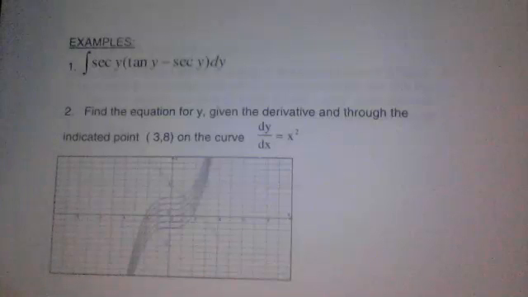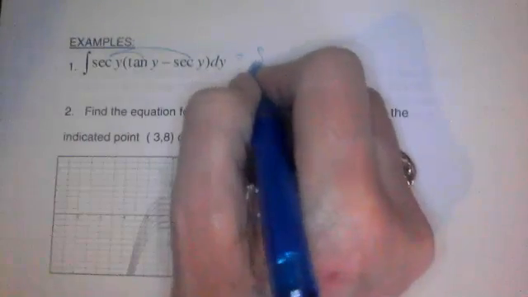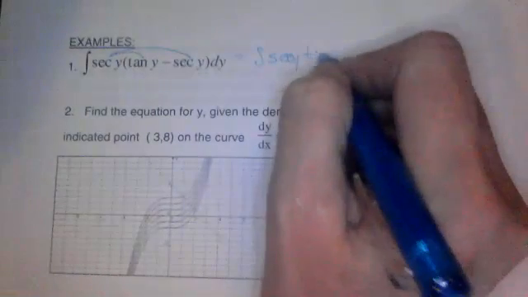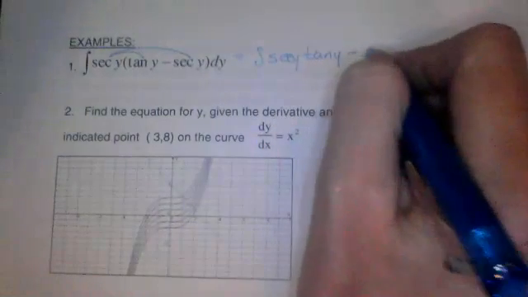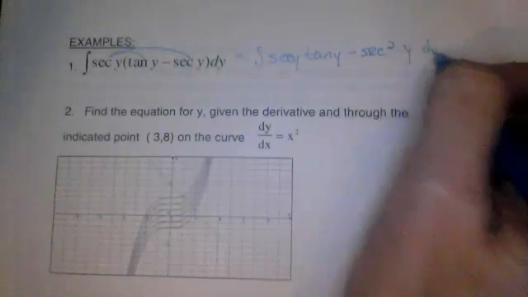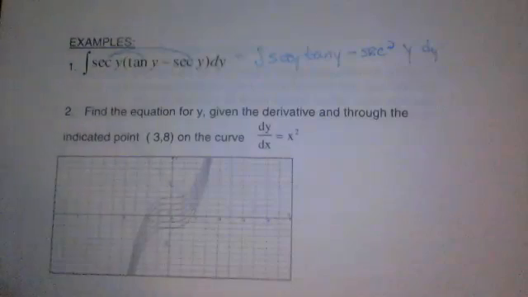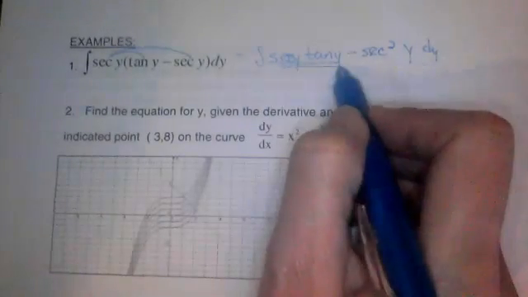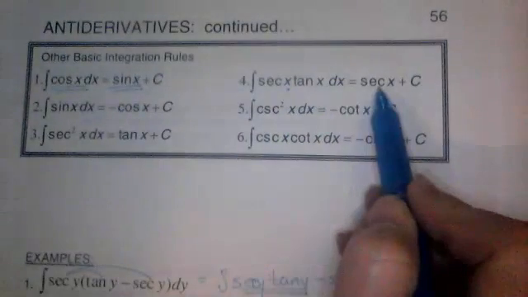All right, so we're going to go ahead and distribute and see what we have here. We have the integral of secant y tangent y minus secant squared y with respect to y. So secant tangent is right up here. It's going to give us secant.